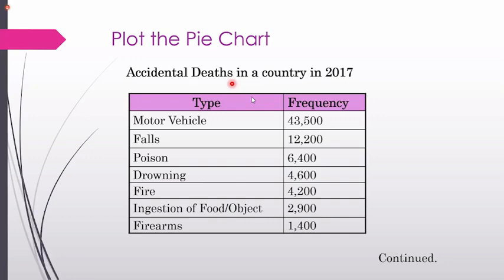What is the level of measurement for this variable? Nominal level of measurement, right? Is it a discrete variable or a continuous variable? Discrete variable. Why is it discrete? Because they are categories.